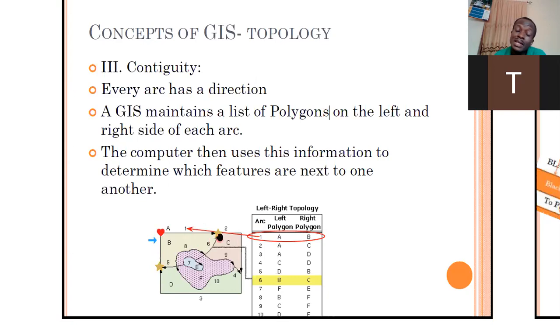The next thing you have to do is find the direction that you want the computer to store for that arc. The direction that we can see visibly with our eyes is the direction of the arrow.